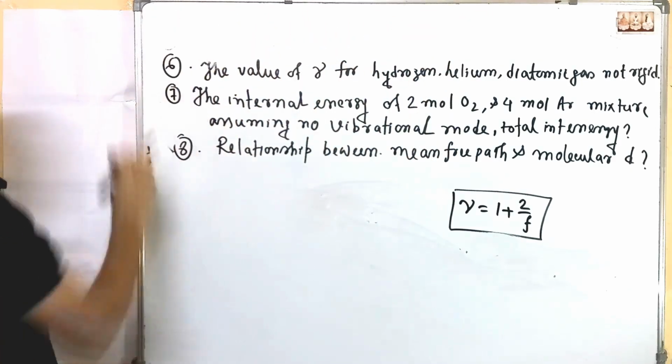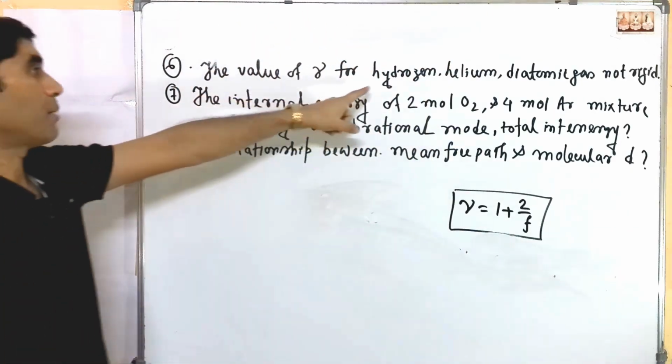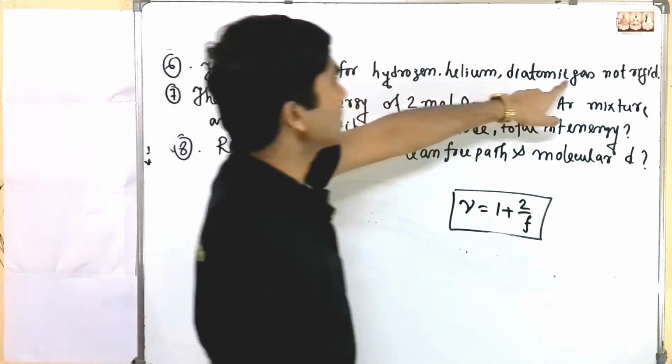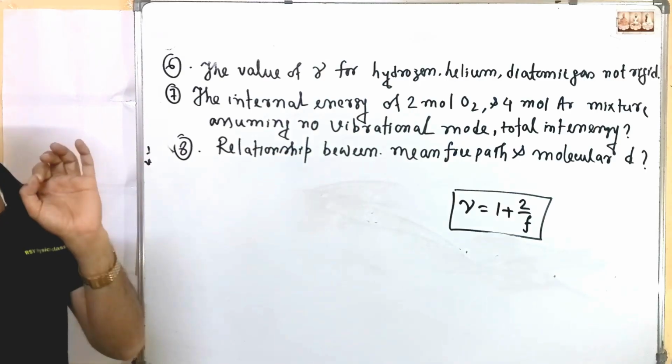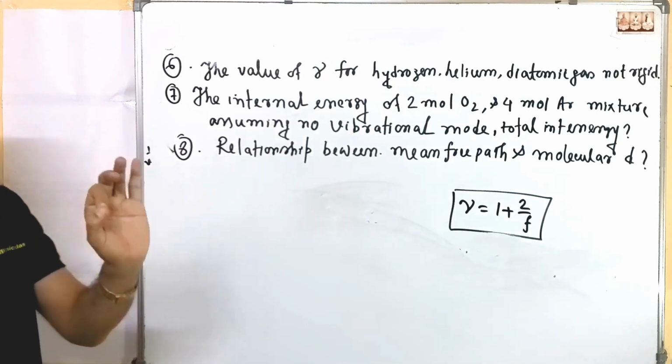Okay, see here the value of gamma for hydrogen, helium. Diatomic gas not rigid, है ना, not rigid means there is a vibrational mode.